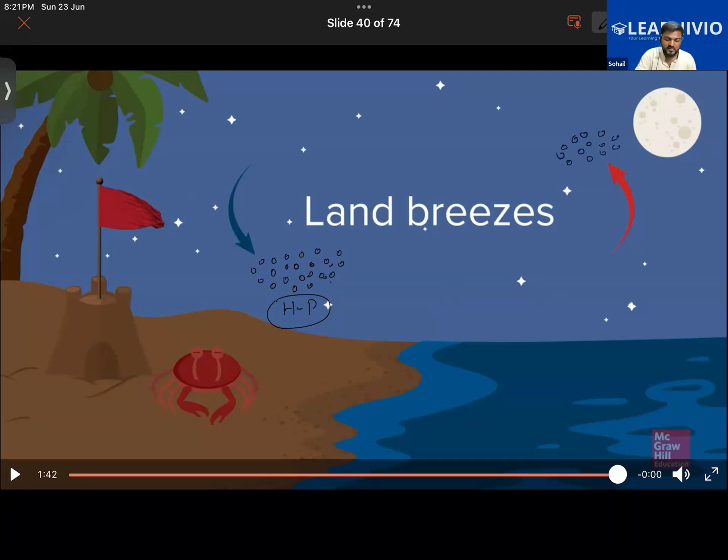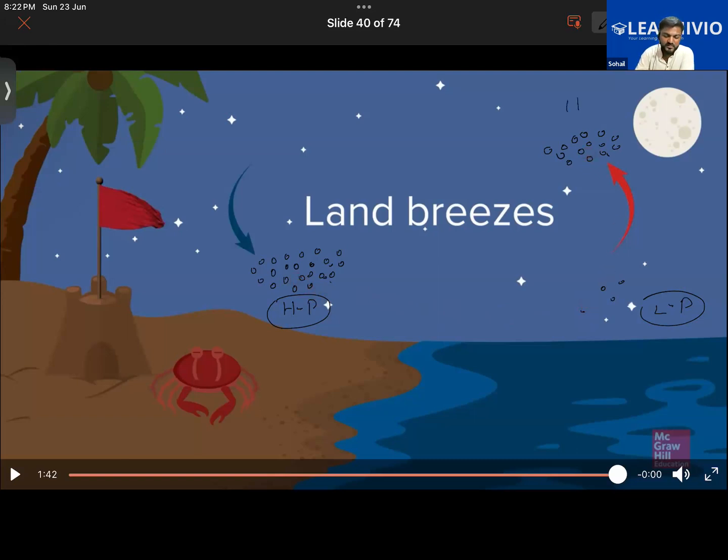It rises up here, and so there are only a few air molecules. So let us say this is going to be a low pressure, and we know that air will be moving from a high pressure to low pressure. So this emptiness that is generated over here will be occupied by the air molecules above the land. So air would be moving from the land towards the sea during the night, and again this would be rising up.